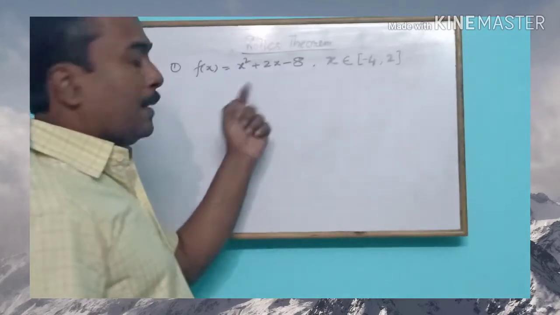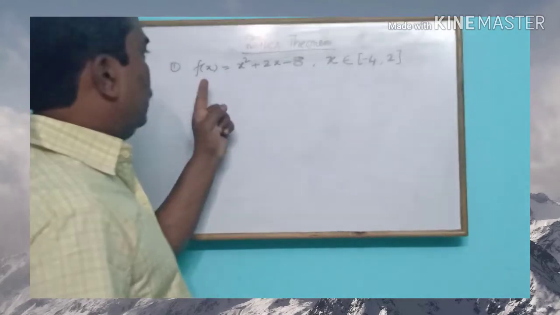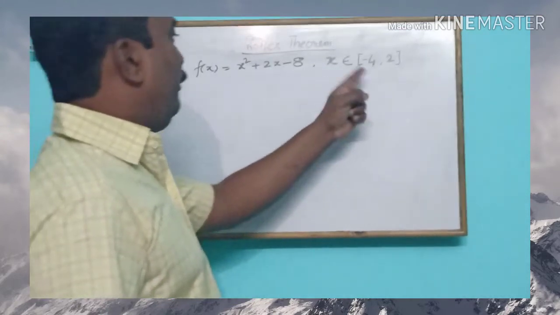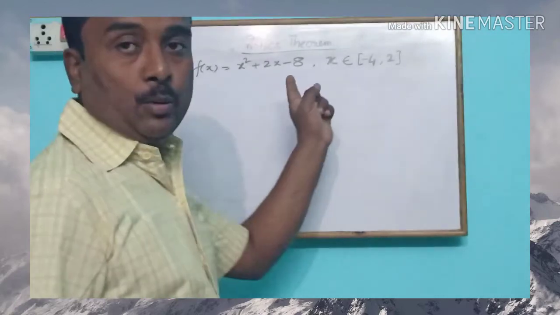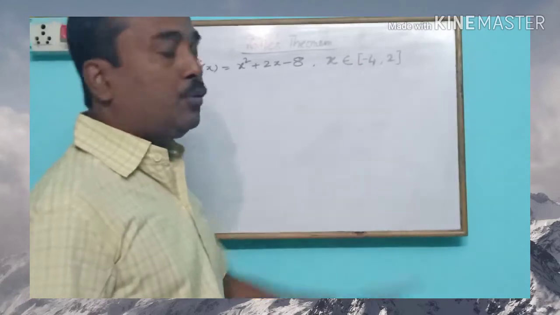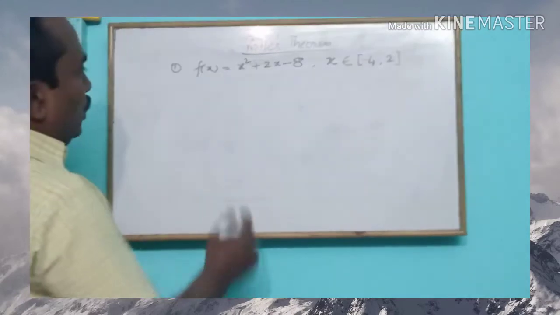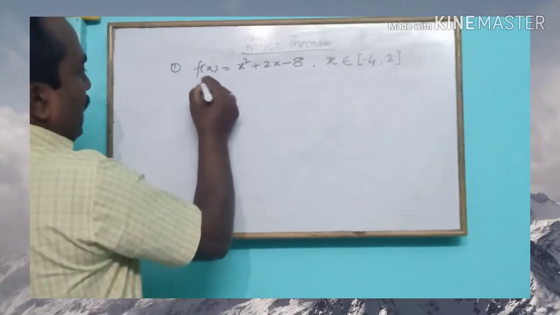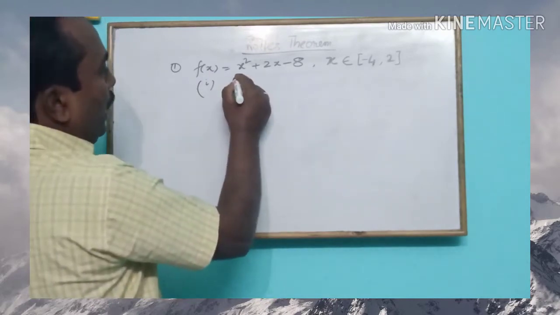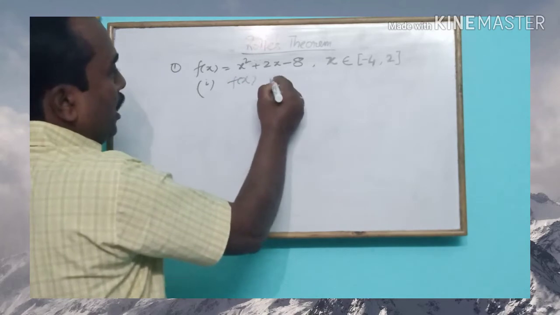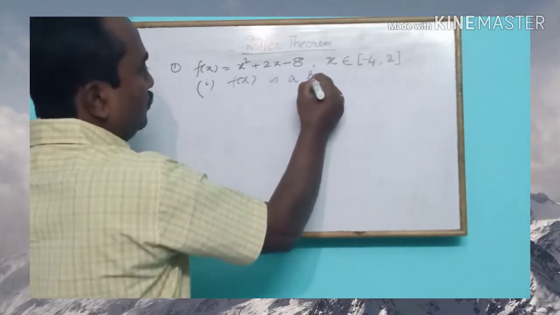So let us see this example. We are asked to verify whether Rolle's theorem is satisfied for this particular function defined in the interval -4 to 2. So the first condition is whether f(x) is continuous. Now f(x) is a polynomial.